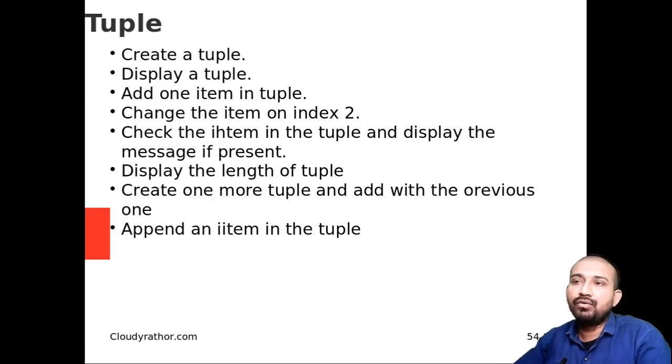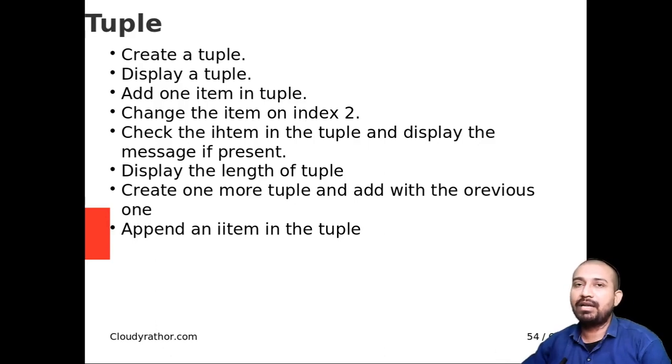So what are the different operations we can do with the tuple? We can create a tuple, display the elements from the tuple, and add one item in the tuple. I will try to show you the different problems while adding, because as I already told you, tuple is immutable.